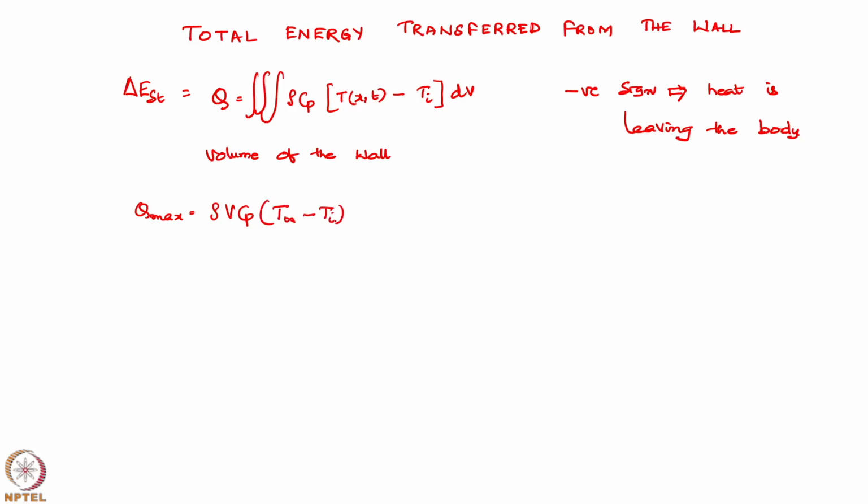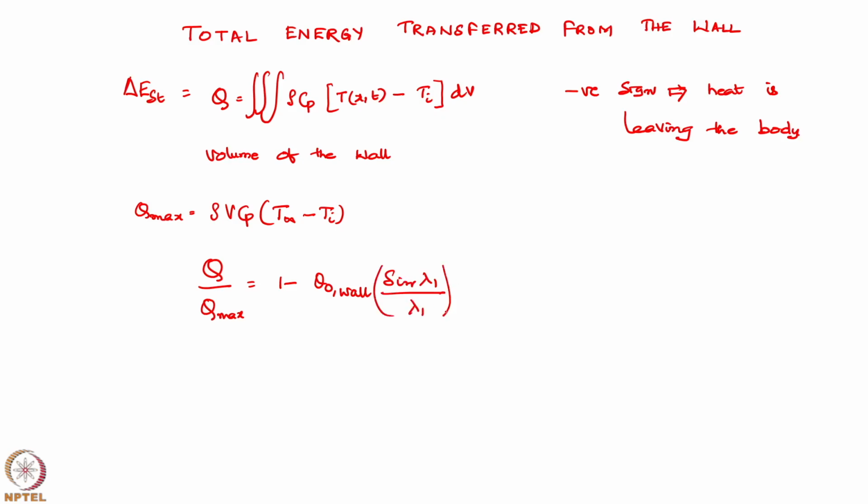Now, without derivation of the temperature distribution, I am going to give you the relation: Q by Q max is equal to 1 minus theta naught wall, that is for the plane wall, into sine of lambda 1 divided by lambda 1.